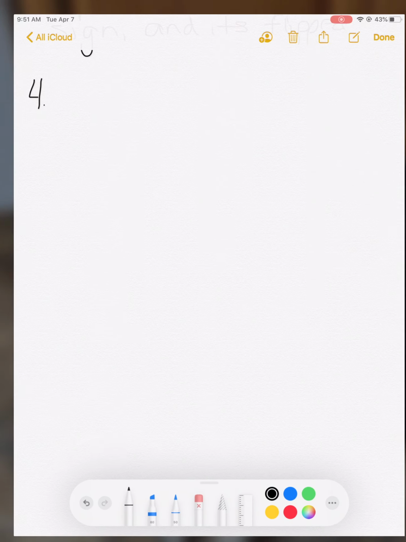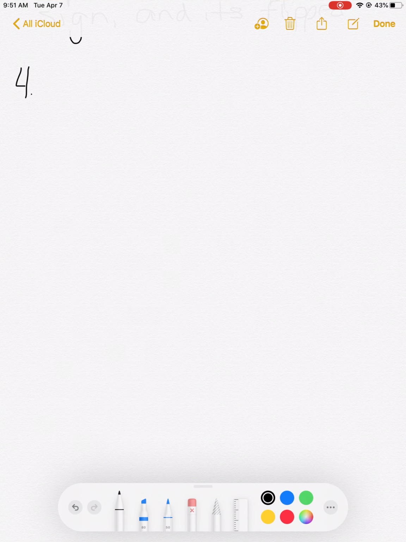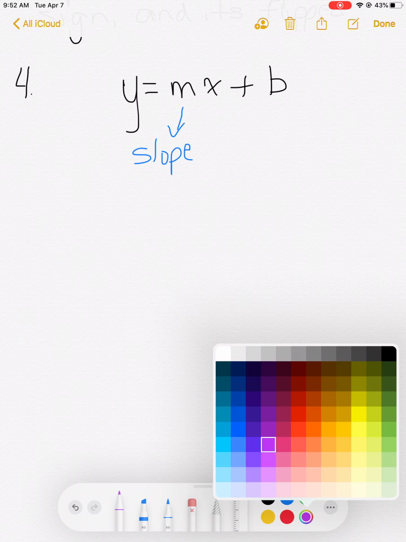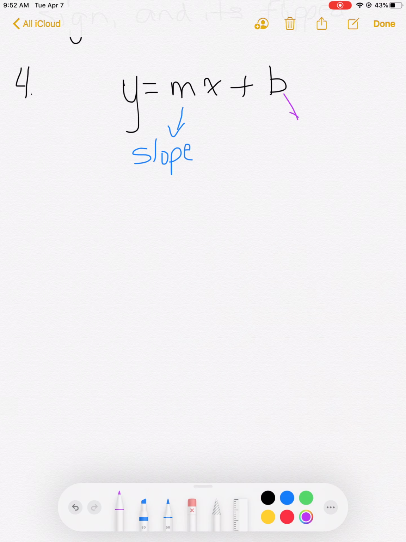When you have to determine an equation of the line, we know that the equation of the line is y is equal to mx plus b. You should remember this, where this is my slope, and this is my y-intercept. Those are the only things you need to put something in for.